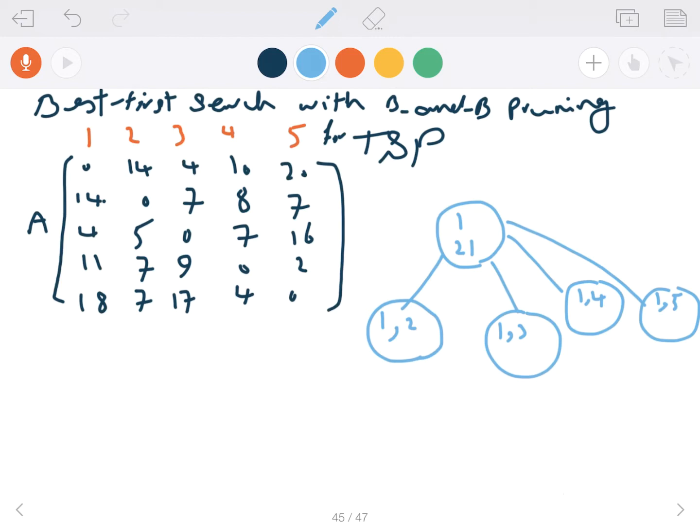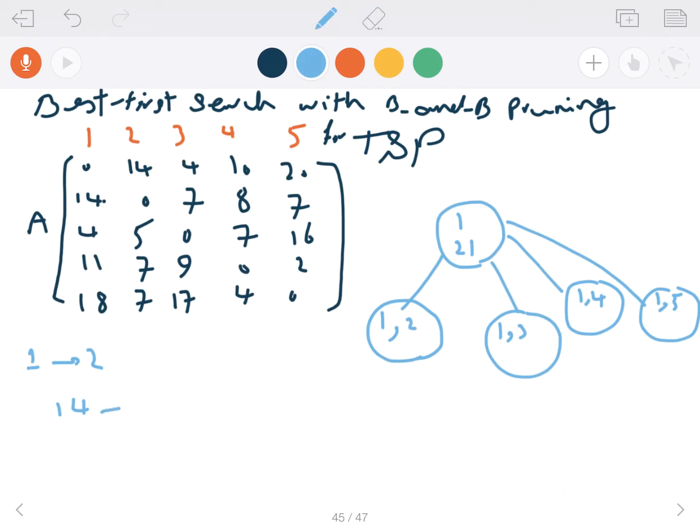So let's see what the bound is for this one. At first we went from node 1 to node 2. If you look at the adjacency matrix, the cost of going from 1 to 2 is equal to 14. So the cost so far is 14.